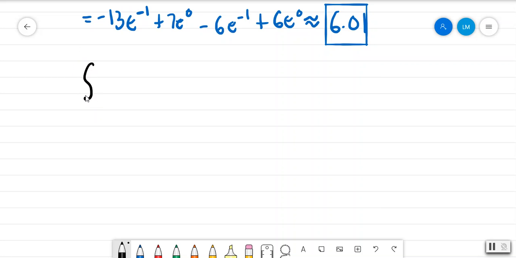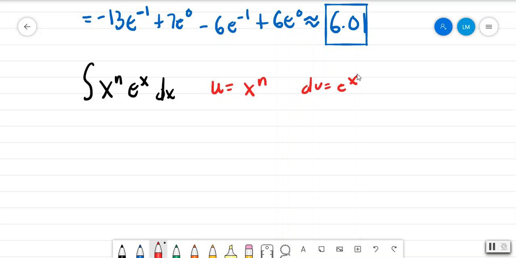So, for instance, let's say that we have x to the n and then e to the x dx. Now, according to the tabular method, u is equal to x to the n and dv is equal to e to the x. So you have your column stated as follows.